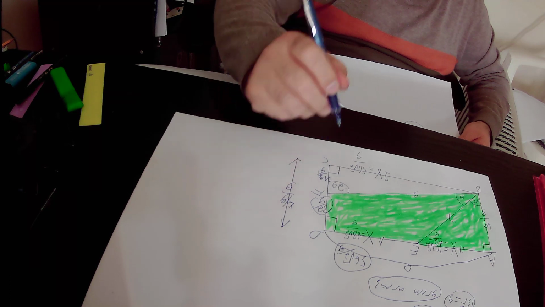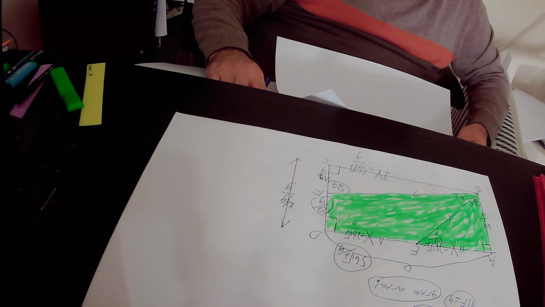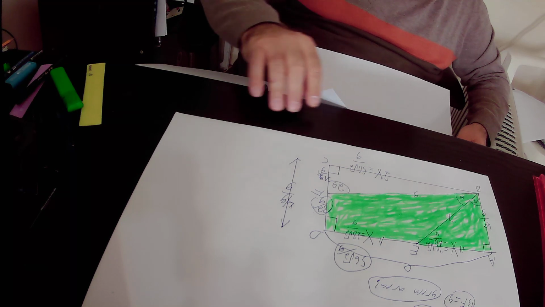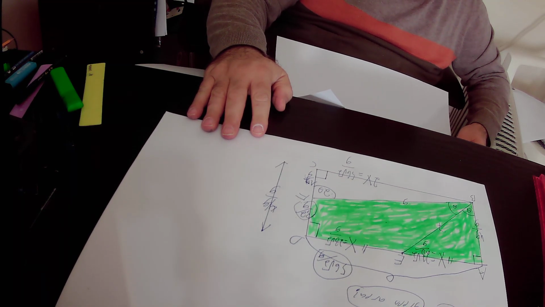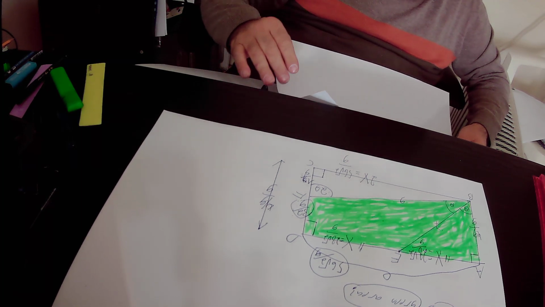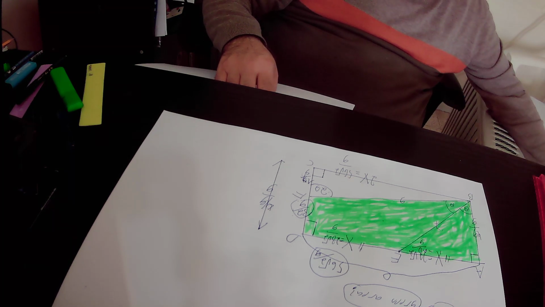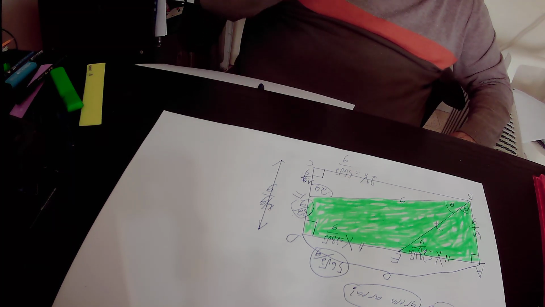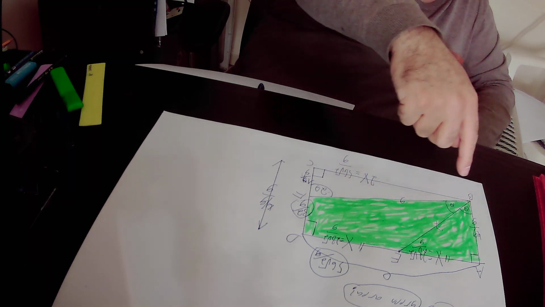So actually we found out all the sides of the trapeze ABFD, so we can calculate the area of the trapeze, that is actually also the area of the green shape. Okay, so the area of this green shape is the area of trapeze ABDF.